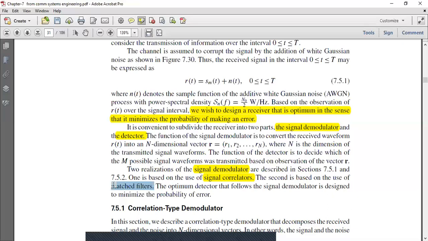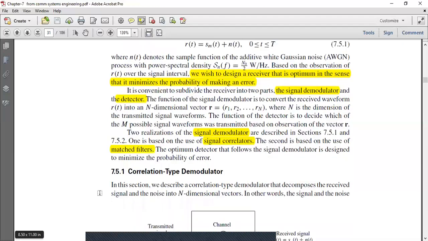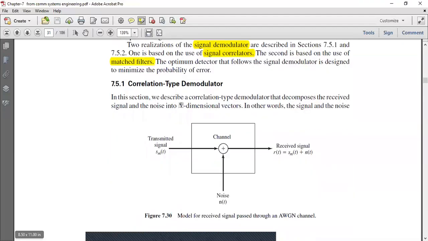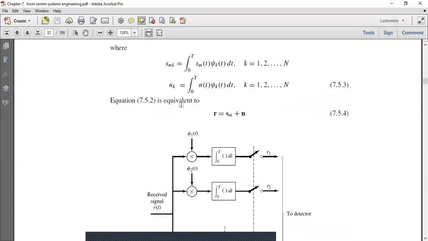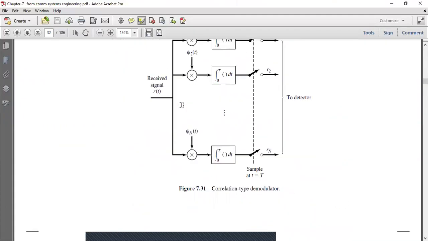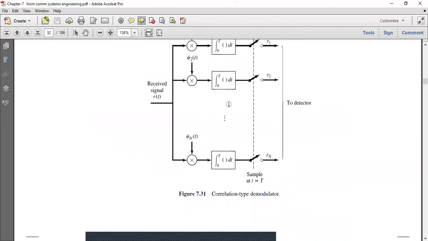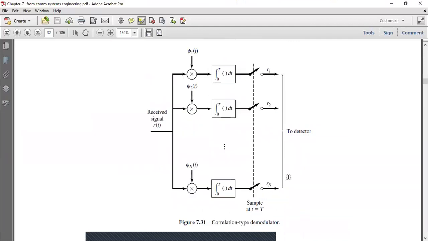So these are very important things: signal correlators and matched filters. First we will talk about correlator type demodulators. So section 7.5.1 will talk about the correlator type demodulator. If you can see this figure 7.31, this is the structure of correlation type demodulators.